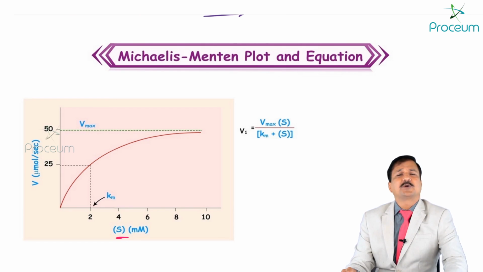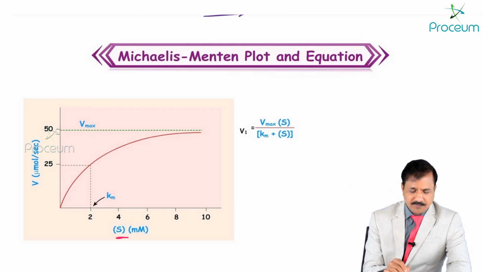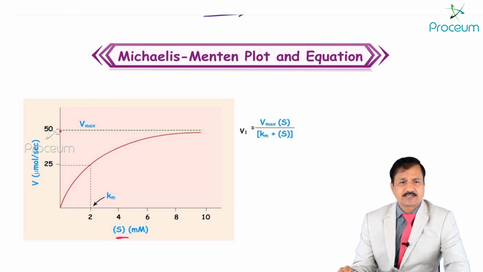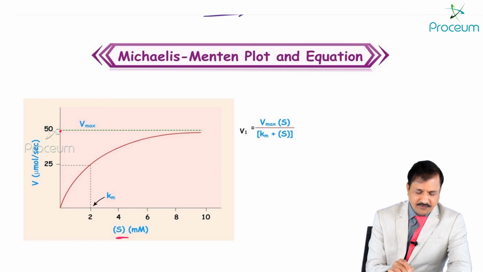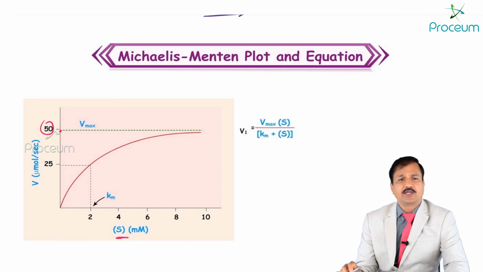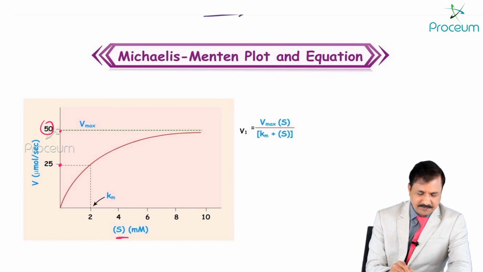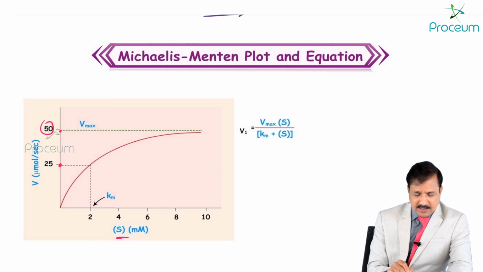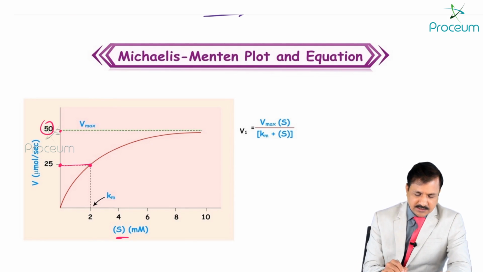Once we know the maximum velocity of the reaction, take that point on the y-axis. Now take half of that maximum velocity, like half of 50 here. The maximum velocity is 50, half of 50 is 25, right? Take that point on the y-axis and bring that line to the reaction velocity curve, and then drop that point from the reaction velocity curve down to the x-axis.